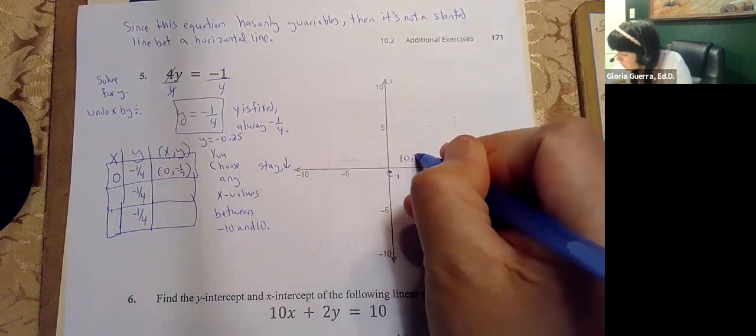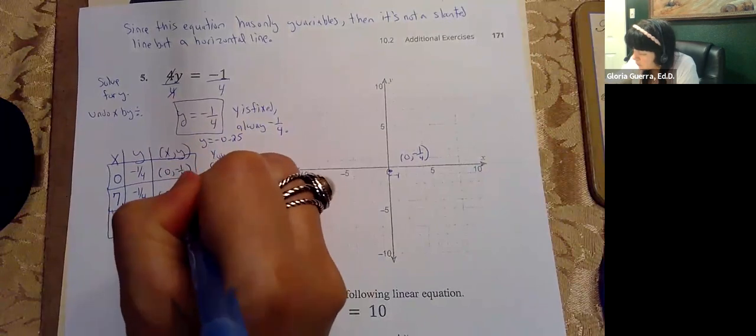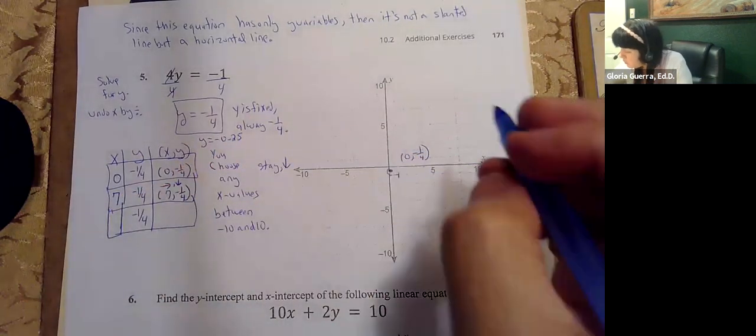That's 0, -1/4. And then I'm going to choose like 7, -1/4. So I'm going to go to the right and then go down. So go to the right, 5, 6, 7, and then go down just a pinch, right? So 7, -1/4.